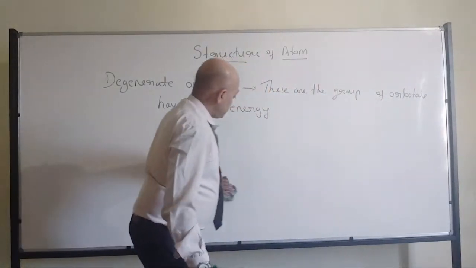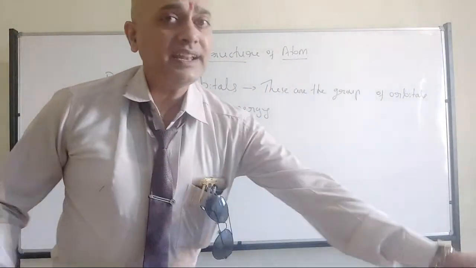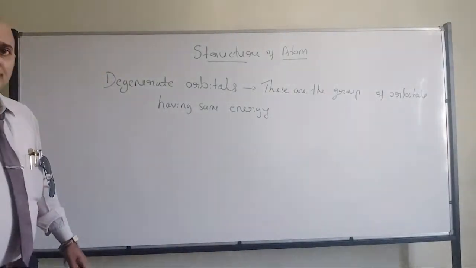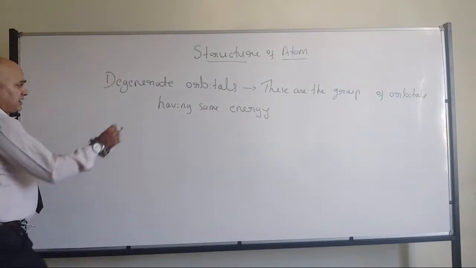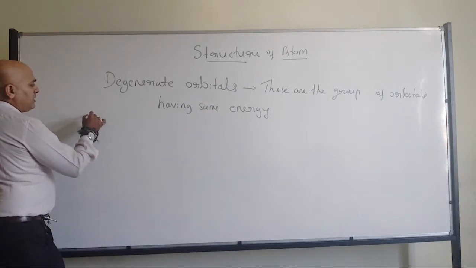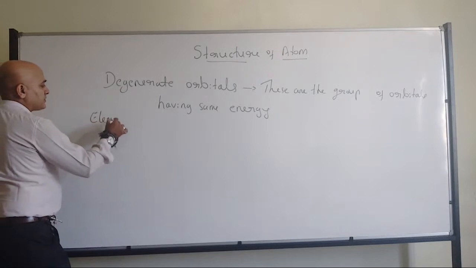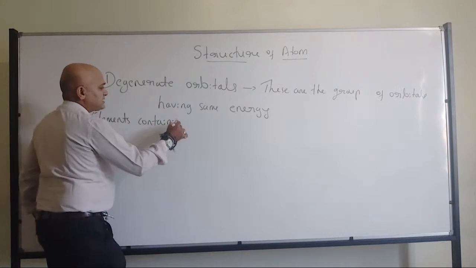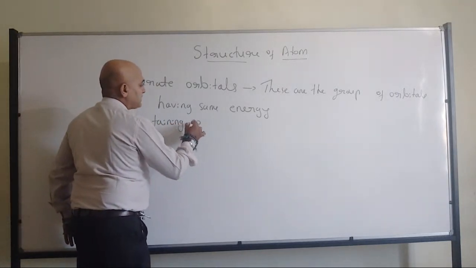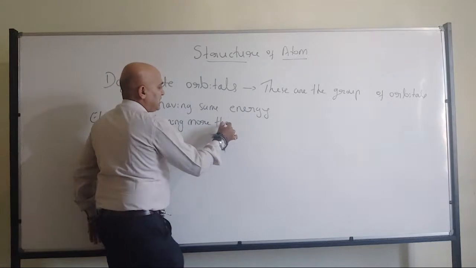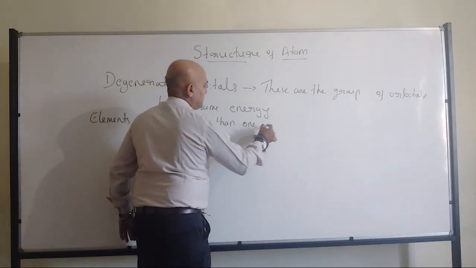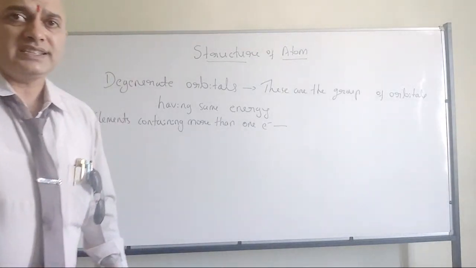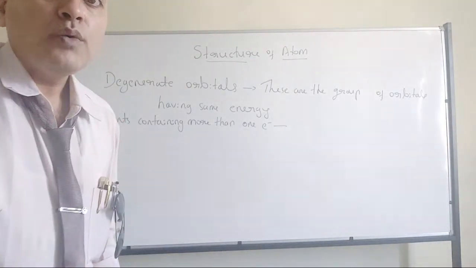So, if I come to other elements, because we have plenty of elements, not only hydrogen, whatever I am writing now is applicable for all those species which have more than one electron.